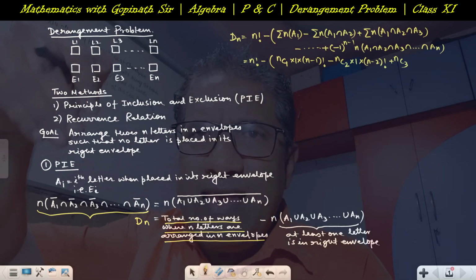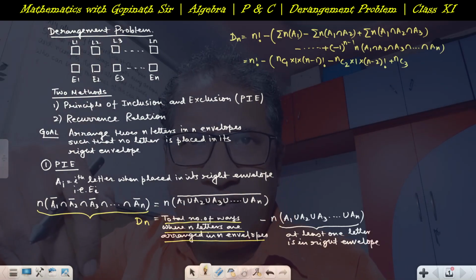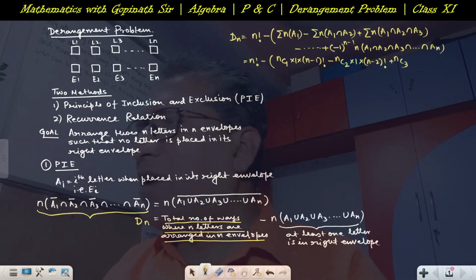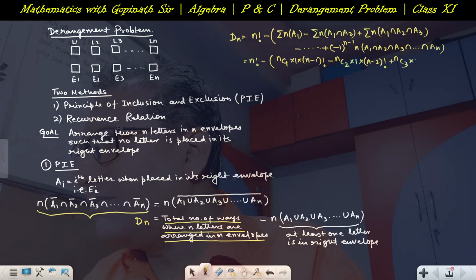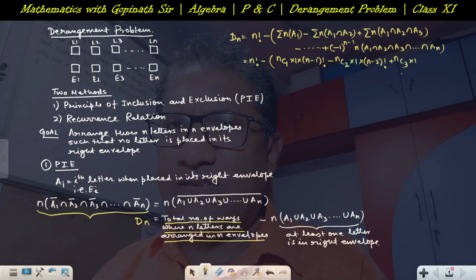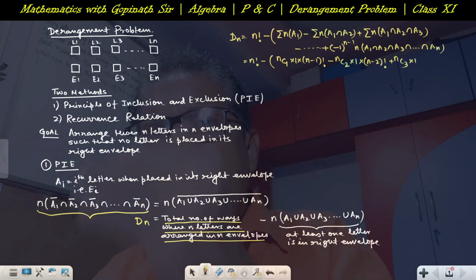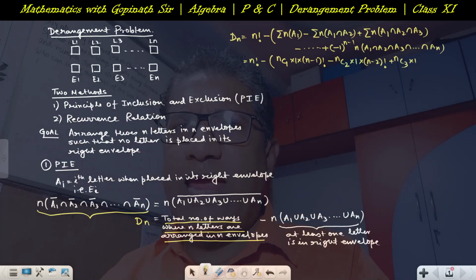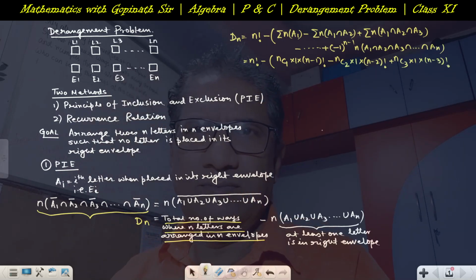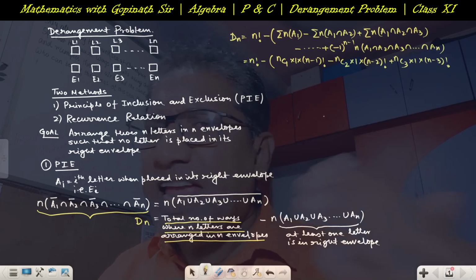And these 3 letters are now placed in their right envelopes, which can be done only in one way. And the rest n minus 3 letters will be arranged in the available n minus 3 envelopes in (n minus 3) factorial different ways. Clear? And this thing goes on.